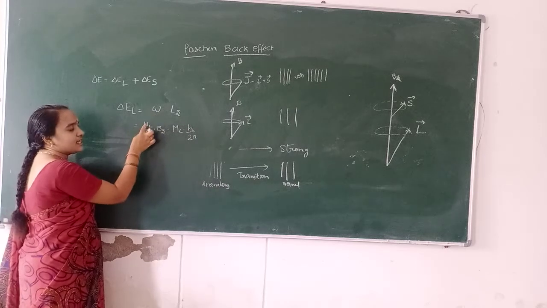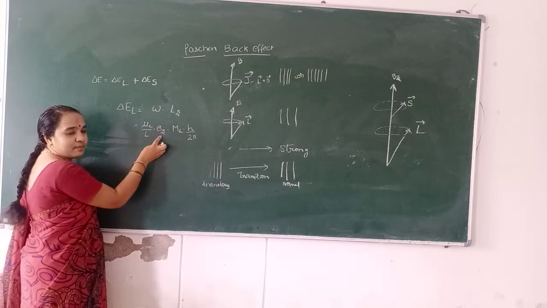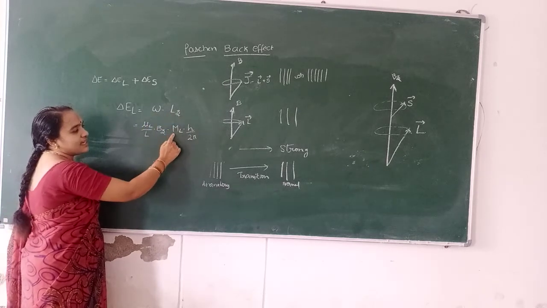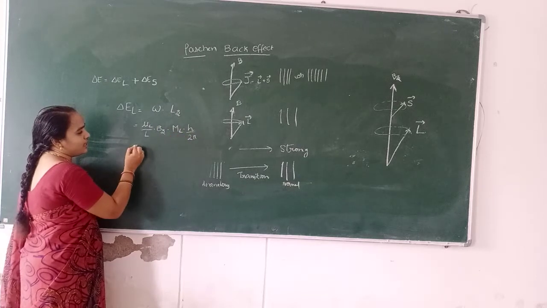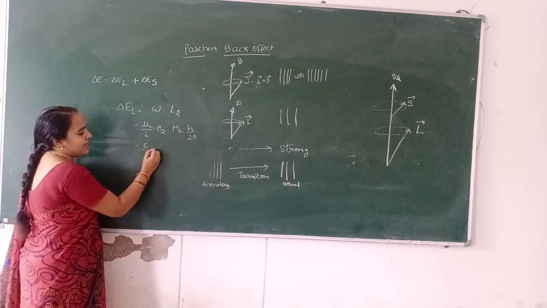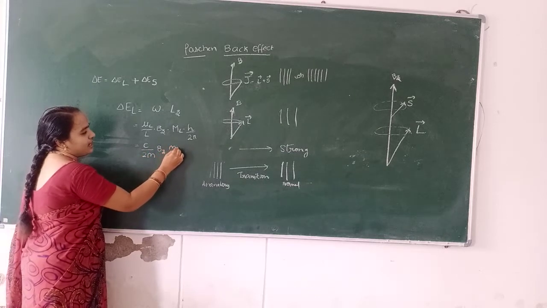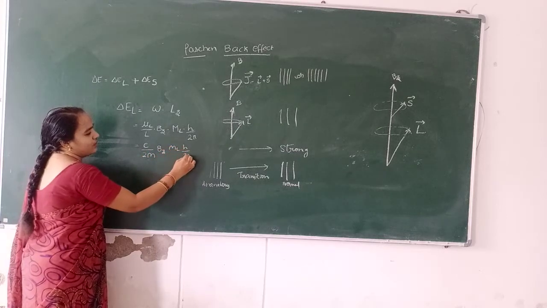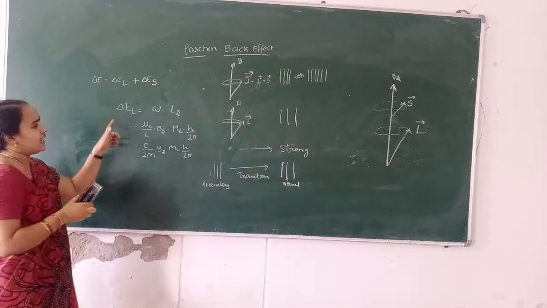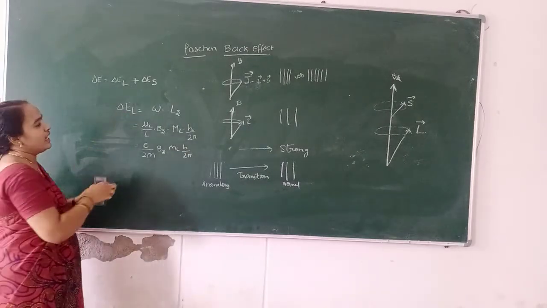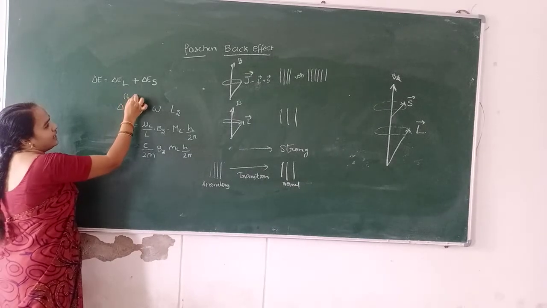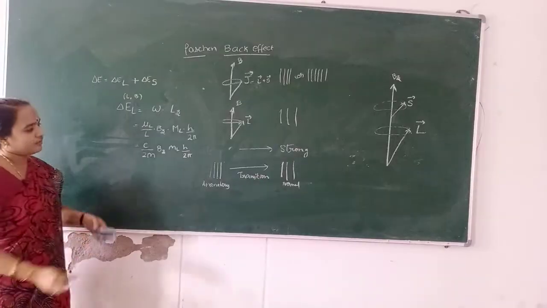Here omega is mu L by L into Bz and Lz is ml into h by 2 pi. So mu L by L is e by 2m, and the interaction energy is e by 2m into Bz ml h by 2 pi. This is the interaction energy between L bar and the external magnetic field.